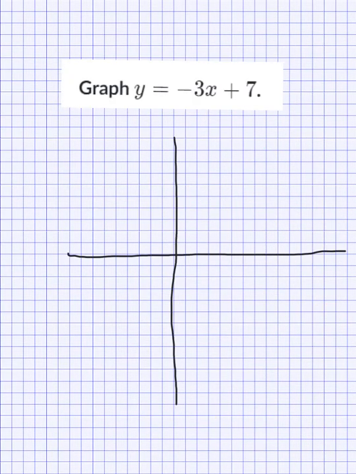Okay, here's our second equation to solve by graphing. Y equals negative 3x plus 7. I start with the y-intercept. The y-intercept is 7, so from the origin I go up 7. 1, 2, 3, 4, 5, 6, 7. So my first dot goes there. All right, so the next thing I'm going to do is use the slope. And it looks like the slope is negative 3, but it's more than that.